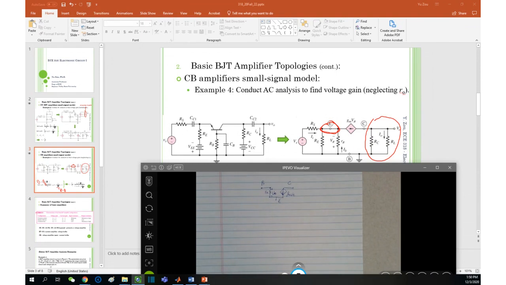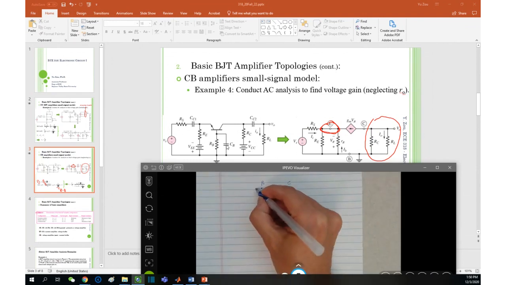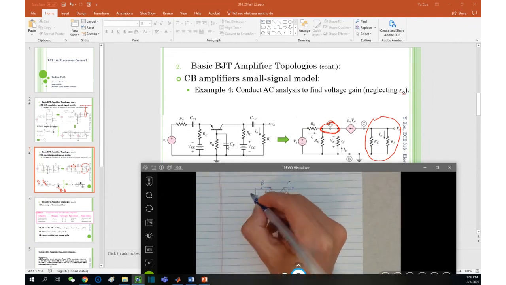The VEE is shorted. So this is the emitter, okay? And the base is down here, due to the existence of CB, which is what? Bypass capacitor, right? So what is your base? Base goes straight to ground. This guy is ground. Done.